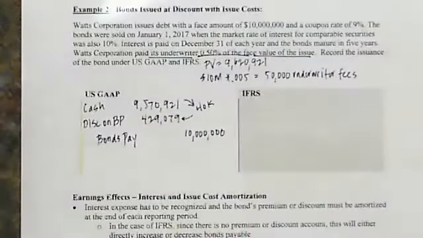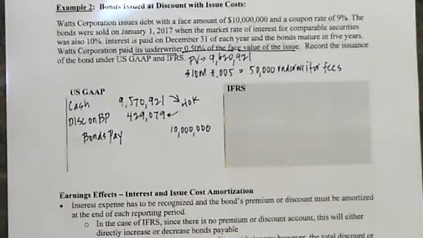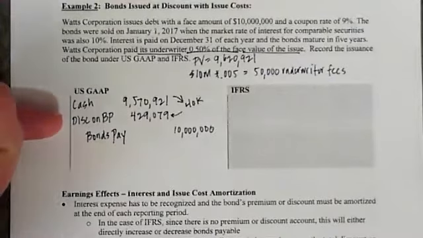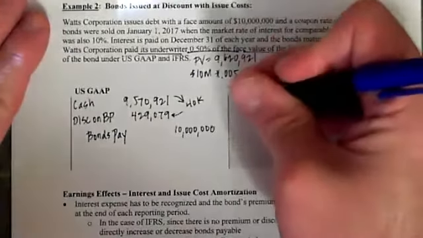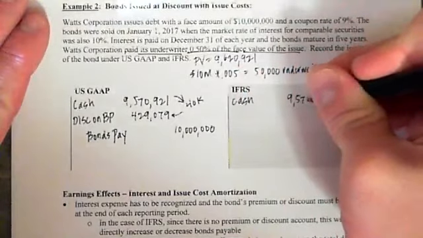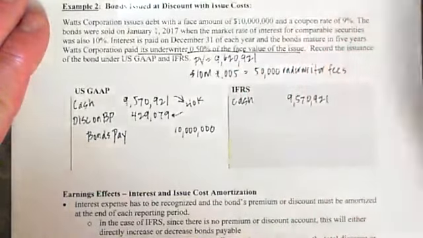Now, IFRS treats this, again, just a little differently. Obviously, they can't subtract it from the discount because they don't have a discount. They don't account for a discount. And so, once again, they're going to receive the same amount of cash. Cash won't change just because we change accounting rules.